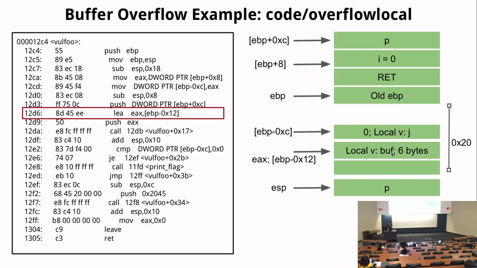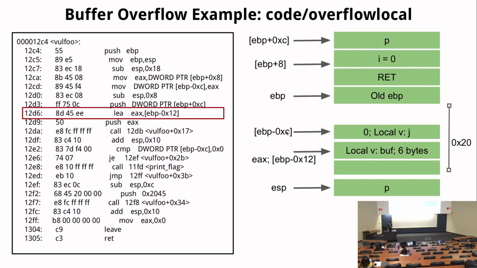And if you calculate this, you will notice that the buff is at address EBP minus 12, and 12 in hex is 18 in decimal. Then C, where the local variable J is, is 12 in decimal.